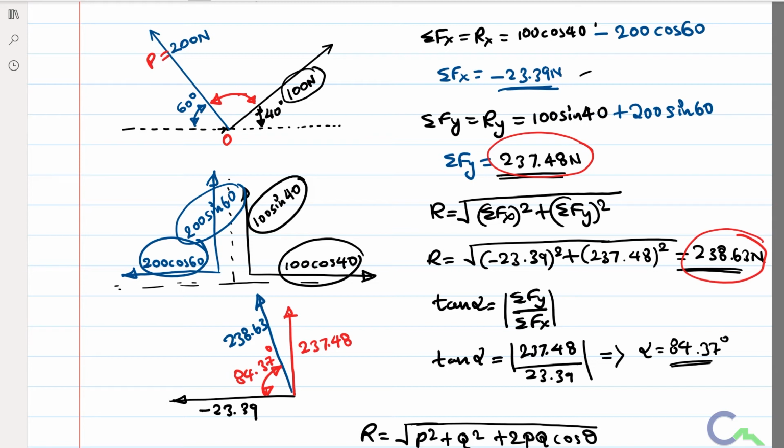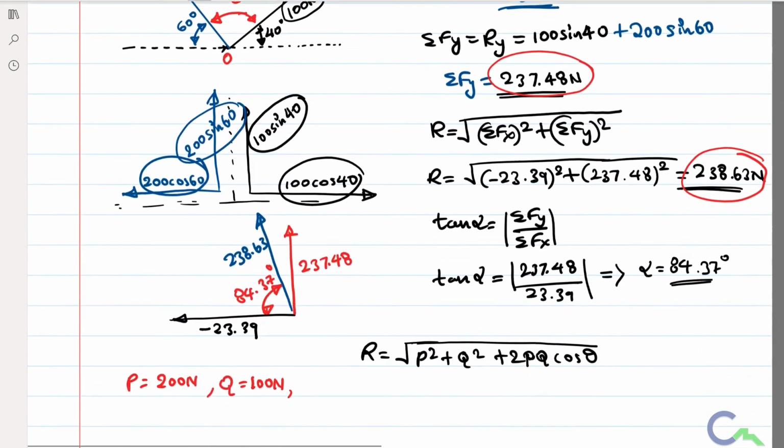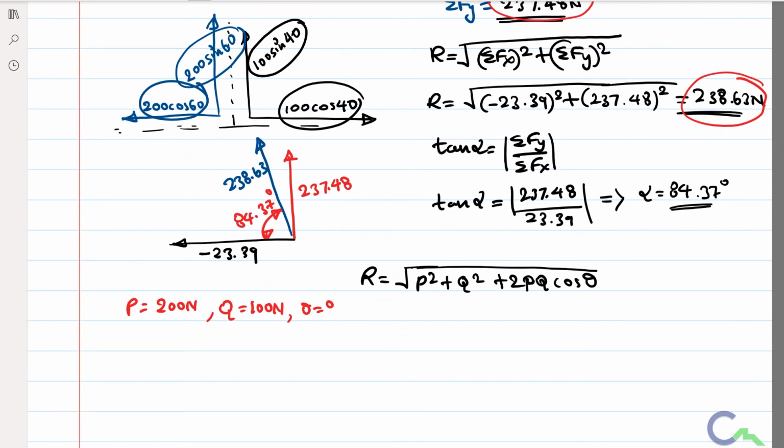Then theta is the angle between the two forces. I will take this as P, then this as Q. Theta is the angle between the two forces, so I can calculate. The total angle of this straight line is 180 degrees, minus 40 minus 60, I will get 80 degrees. Therefore theta is 80 degrees.